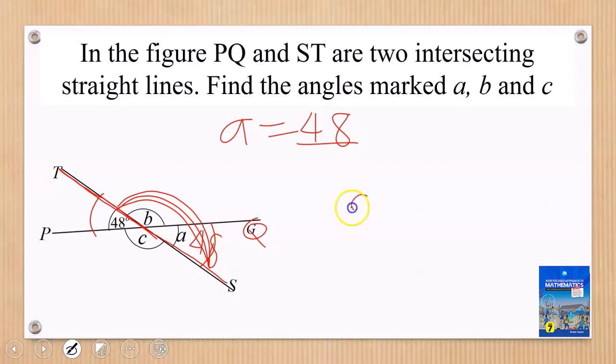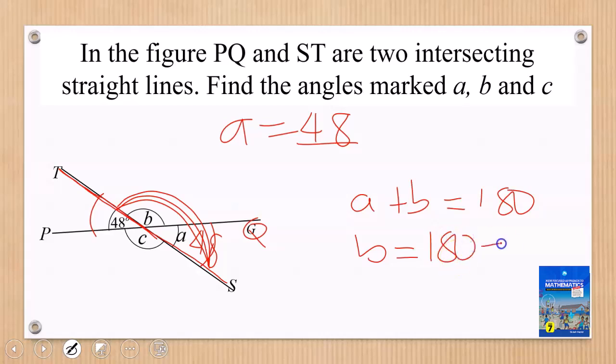So B plus A should give you 180, right? So if A is 48, then B will be equal to 180 minus 48, and that will give us the value of B. It makes sense, so simple as that. So what will be the B? B will be 132. Good.